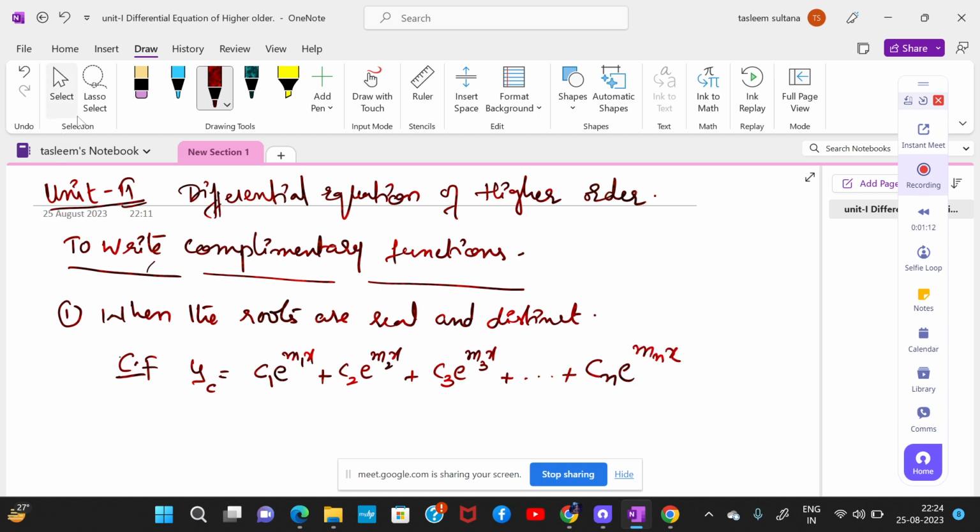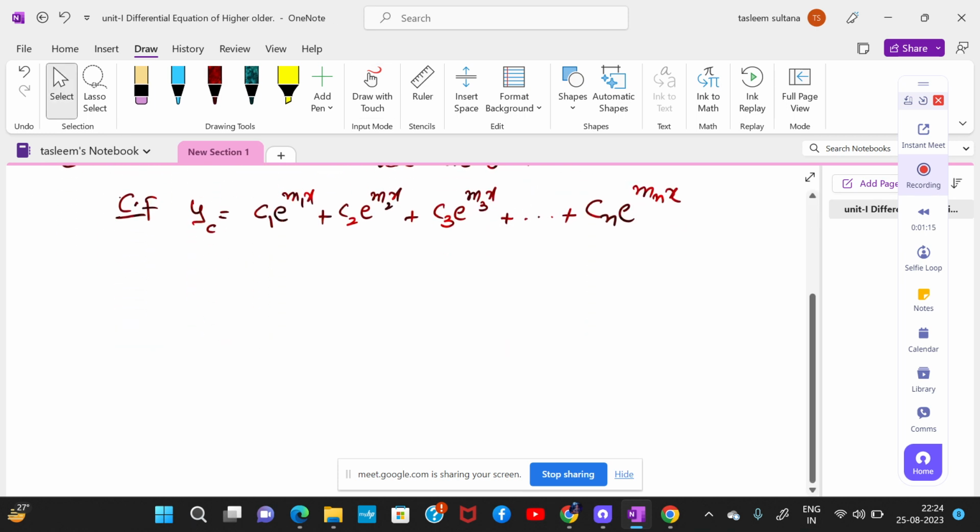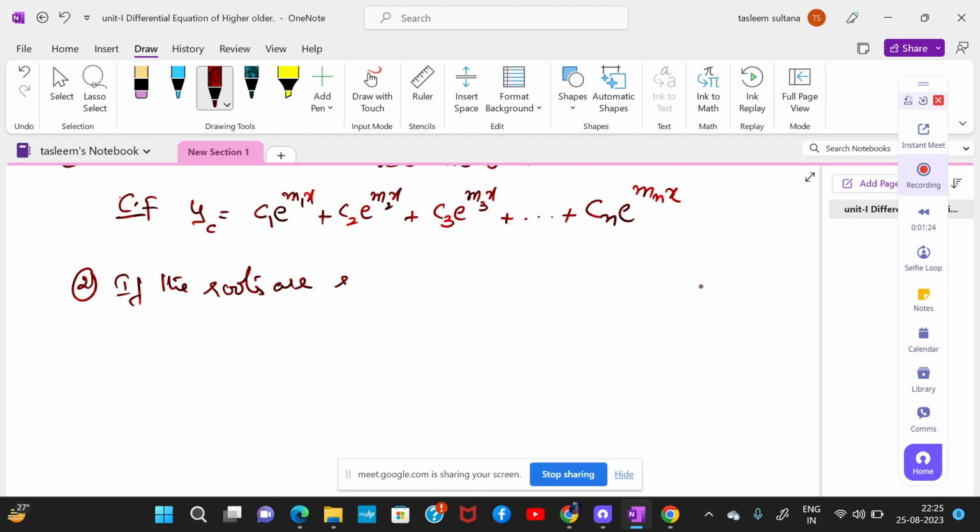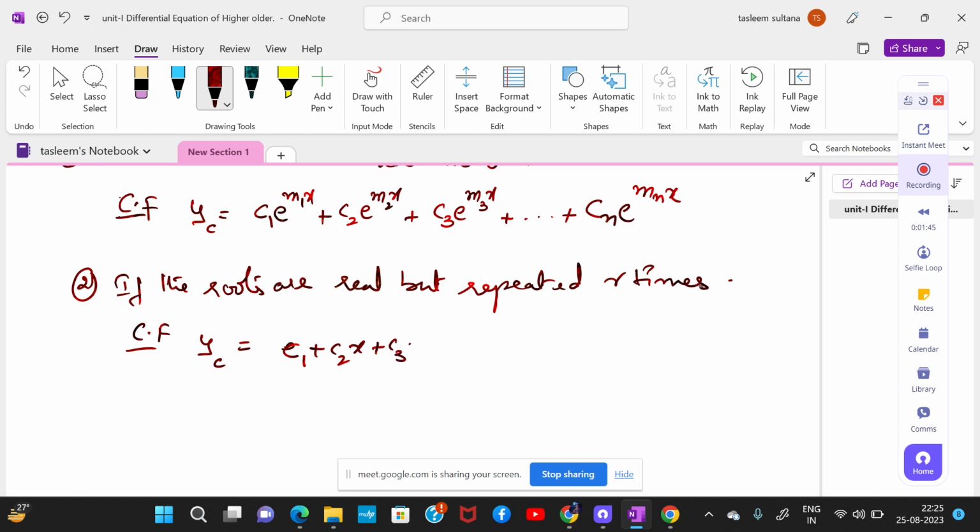Right. If the roots are real but repeated r times, in that case your complementary function will be y suffix c is equal to c1 plus c2x plus c3 x square plus so on, cr x to the power of r, whole to the power of mx.